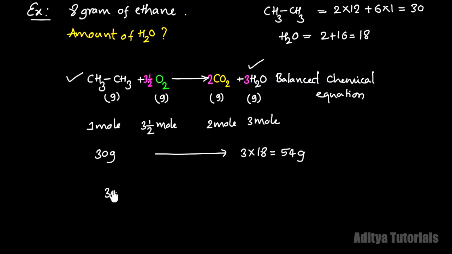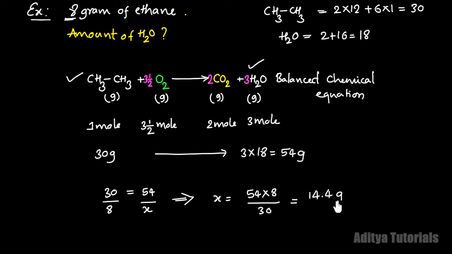Now we make an equation here. 30 gram of ethane reacts and produces 54 gram of water. Here it is given 8 grams. Therefore 8 gram of ethane reacts with any amount of oxygen and produces x gram of water. Cross multiply and it will give x equal to 54 multiplied by 8 divided by 30, which is equal to 14.4 grams.